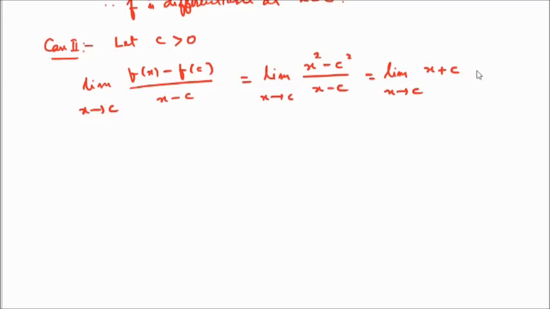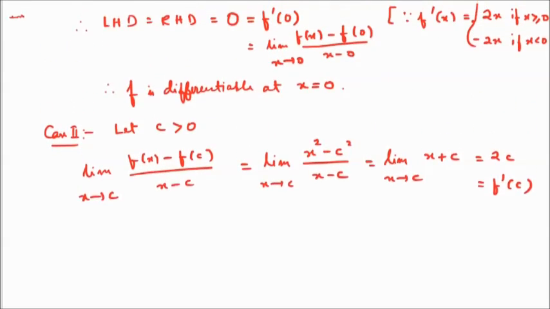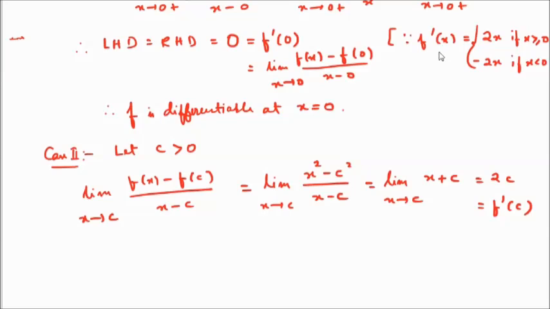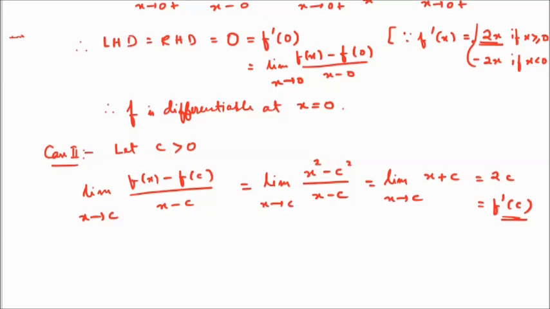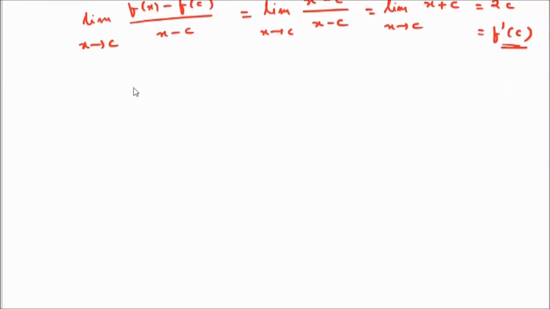So I will get this as twice c, which is nothing but my f dash of c. How? Because f dash of x equal to 2x if x is positive. So since my c is positive, my f dash of c will be 2 times c. So I can say therefore f is differentiable at x greater than 0 points.